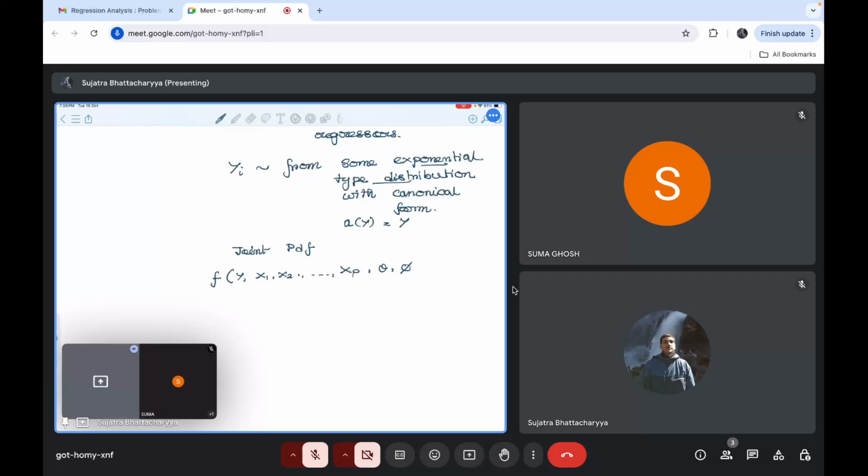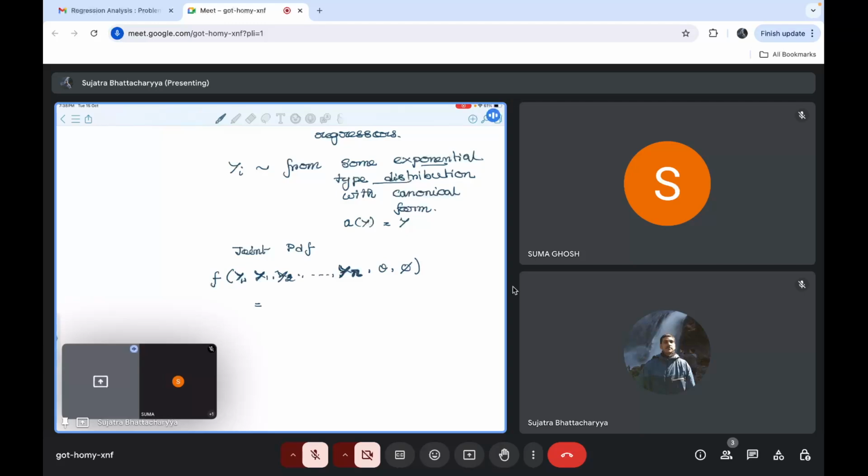Okay, so these are the terms theta and phi. This can be written as, I think, y1, y2, and up to yn, because we are talking about the random variable, not the x.